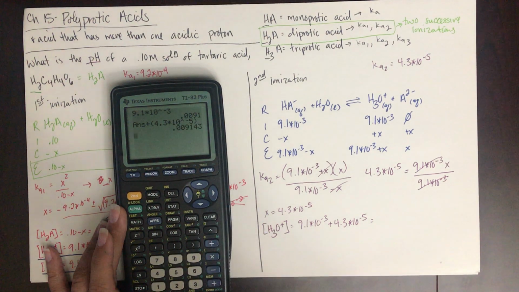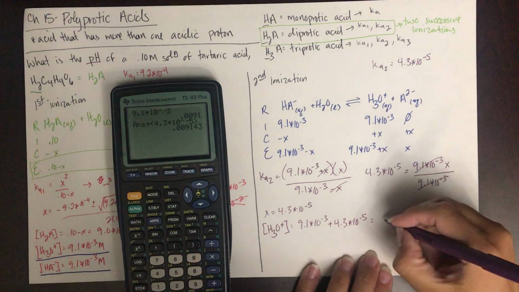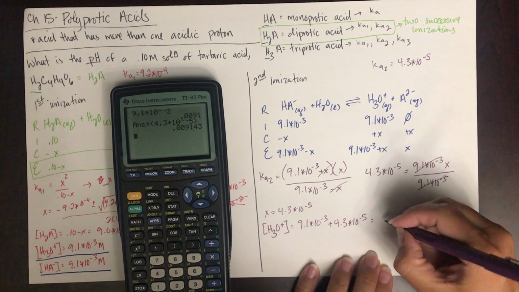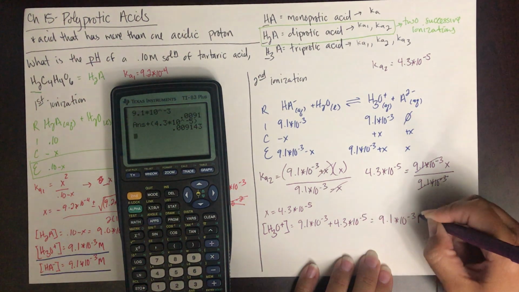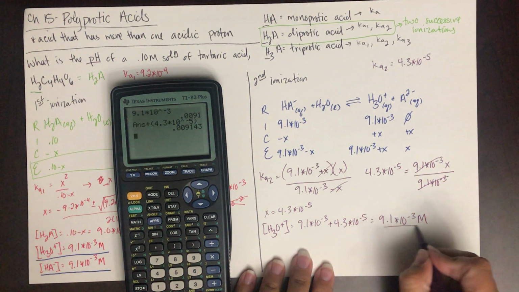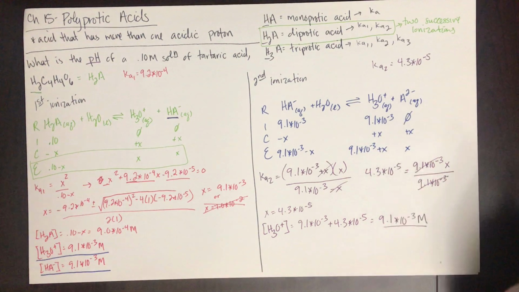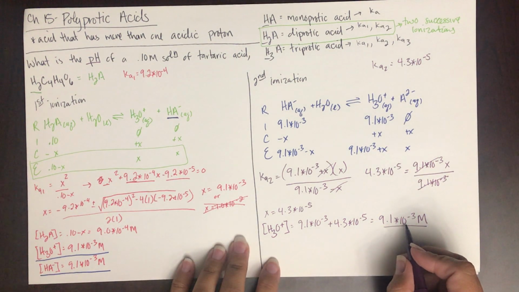I think it's too small to even make a difference. With two significant figures, yes, the hydronium ion concentration is still, even after this change, 9.1 times 10 to the negative 3 molar. So now once we have the hydronium ion concentration after the second ionization, this is what we're going to use to solve for the pH.